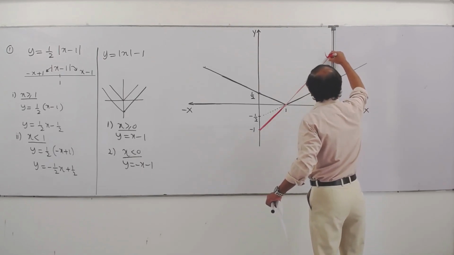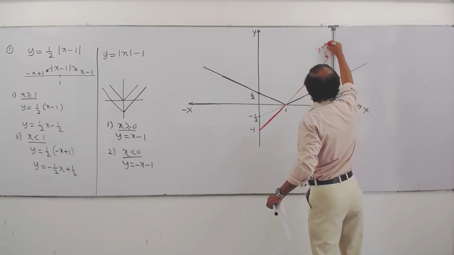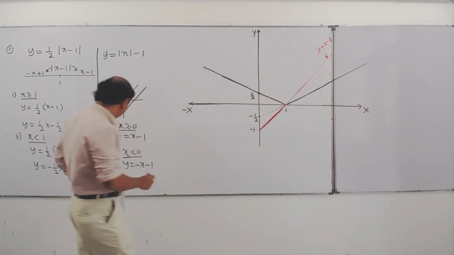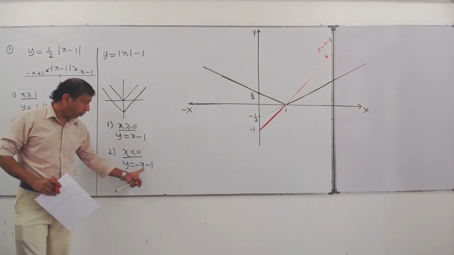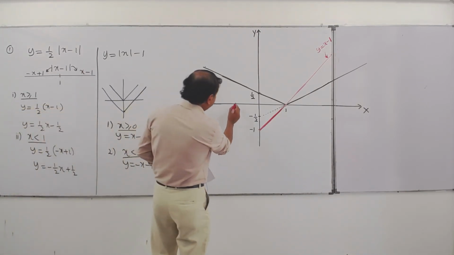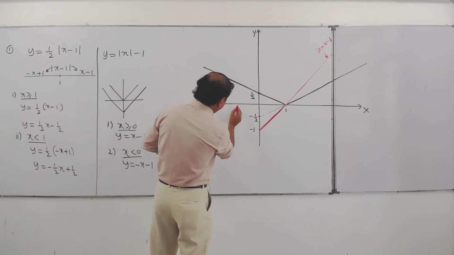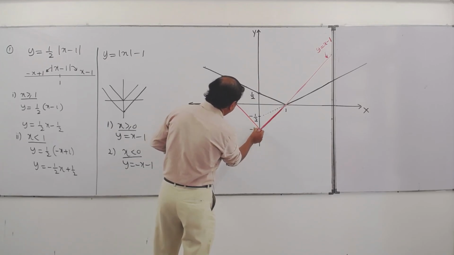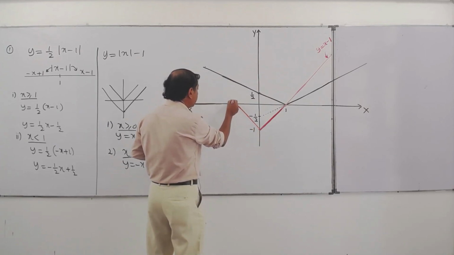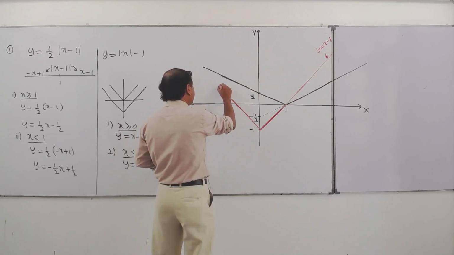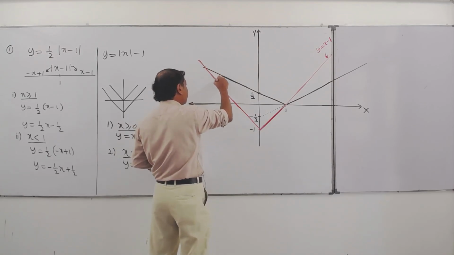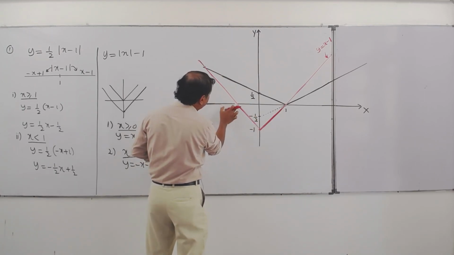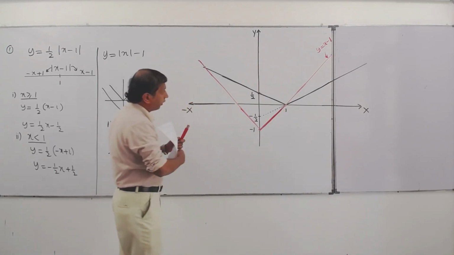This graph has the equation y equals x minus 1. For the other one, when you put x equals 0, y is minus 1, and it passes through the point 1 here. It will be produced this way. And these are the two graphs.